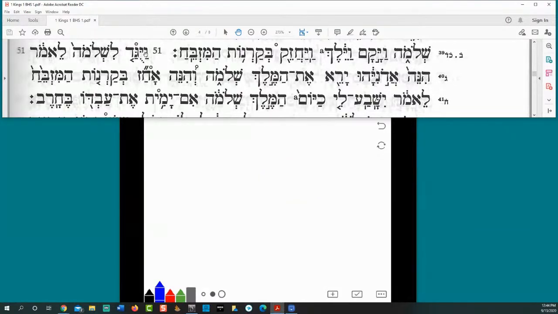Well, this is a Hophal form. We haven't learned that yet, but it's like the passive of the Hiphil. So Vayugad, a Hophal, vav consecutive imperfect, third singular from Nagad. So if Nagad in the Hiphil means to tell or report, in the Hophal it's to be told, to be reported. Right.